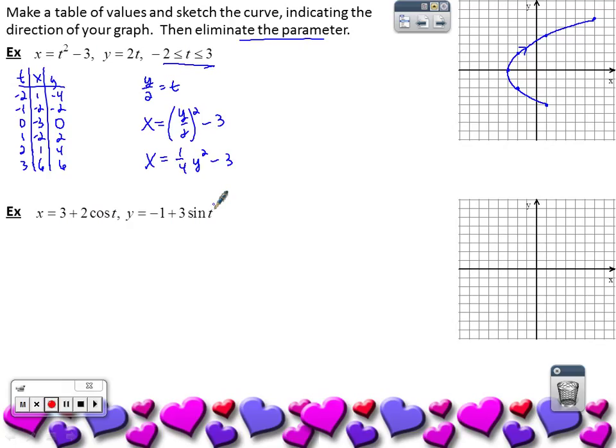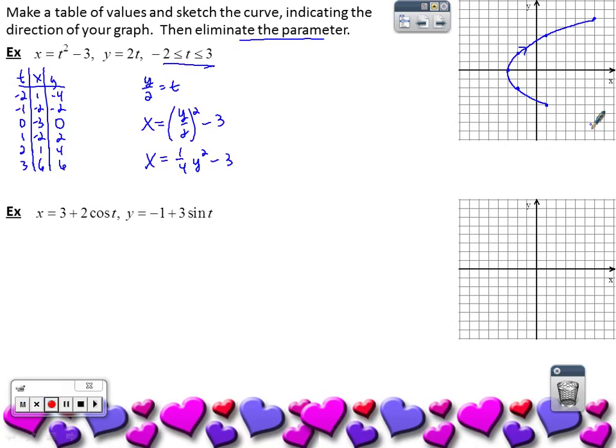But we are going to have to provide a restriction, because this equation itself would fill out this whole graph. The easiest way to restrict this would be with the y's instead of the x's. Because if I restricted the x's, the x goes from -3 to 6, but that would allow an opening for this piece to come in, and we don't want that to happen.